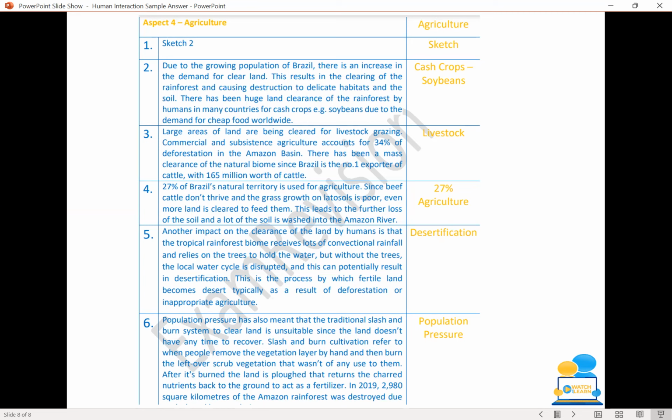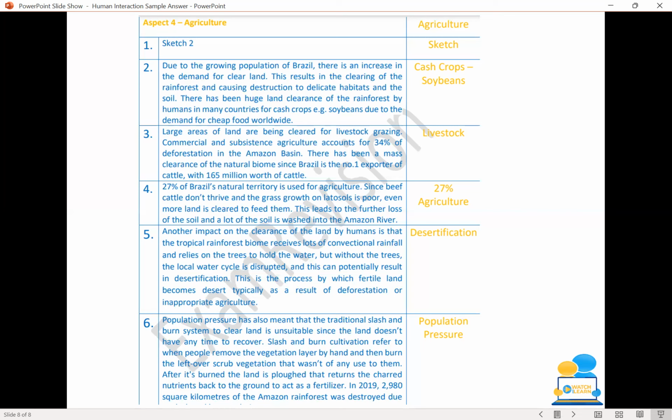We've got the structure correct. We've got 4 different aspects. We've got 6 SRPs at least on each particular section. It's all very clear because we've got titles on each of our aspects. So the examiner knows exactly what we're doing and can award us the marks easily and can give us our OC marks as well because we've answered the question that has been asked and we've got an excellent structure.